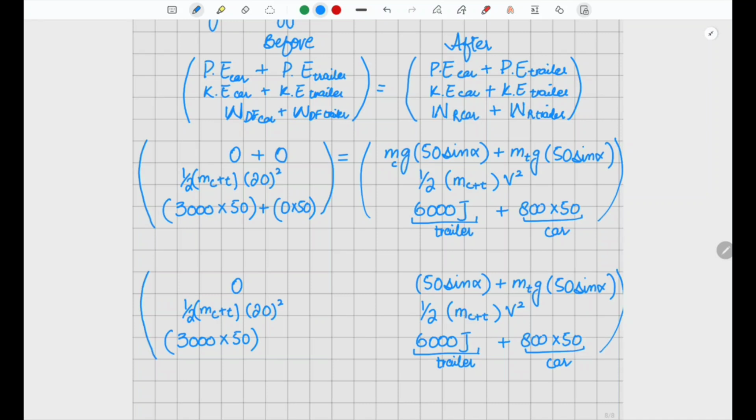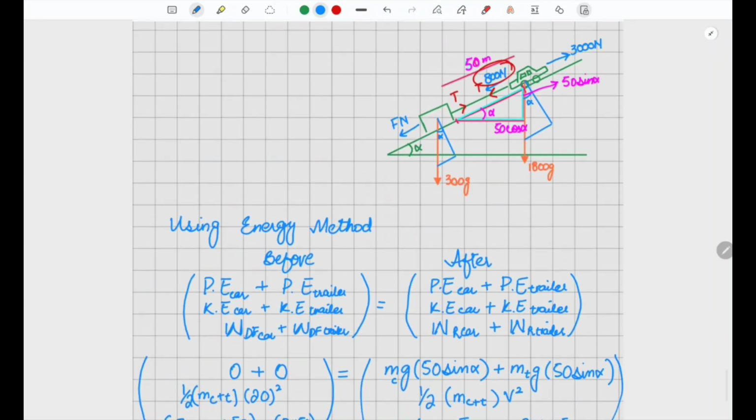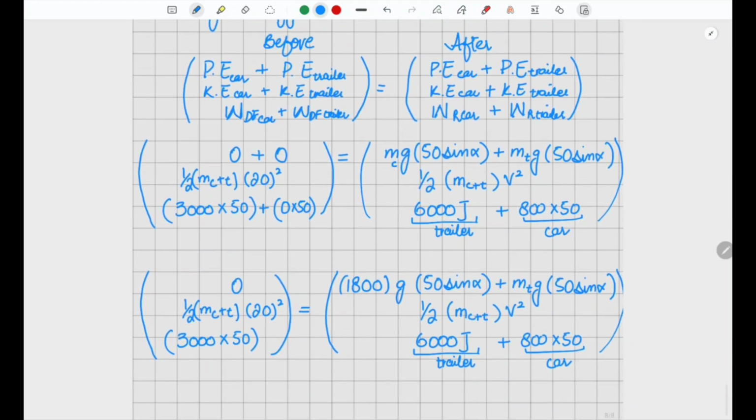The mass of the car is 1800, so 1800 g, and the mass of the trailer is 300 g.